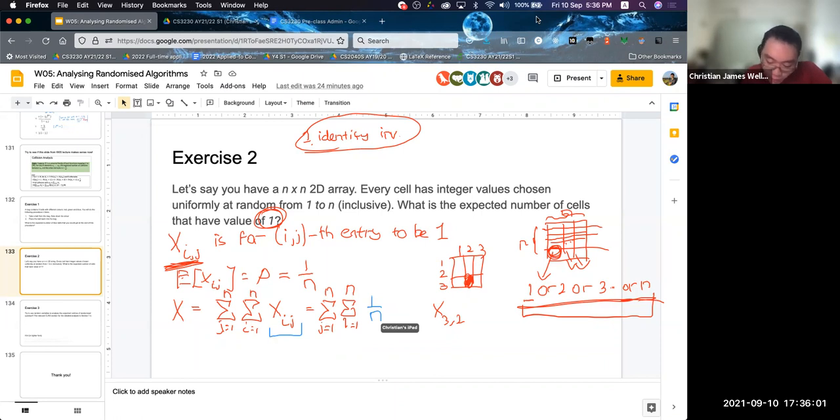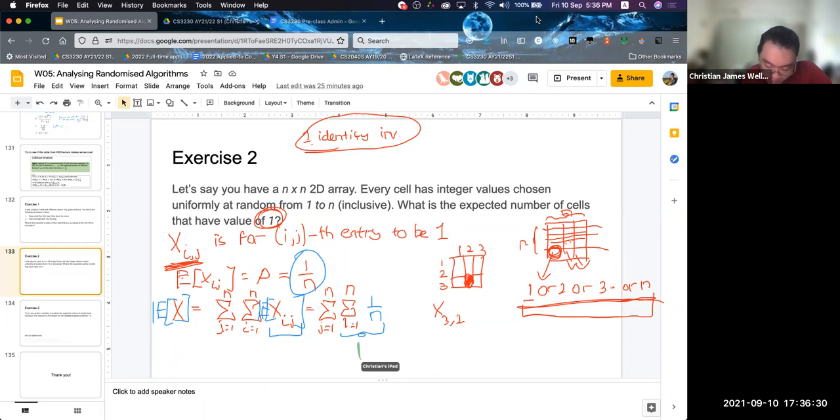Sorry, I should have said the expectation of this thing equals the expectation of this thing. I skipped some steps there, but I expressed it in that way. Then taking the expectation of those things, it becomes 1 over n. Hopefully you can see that if you repeat 1 over n n times, this is 1.